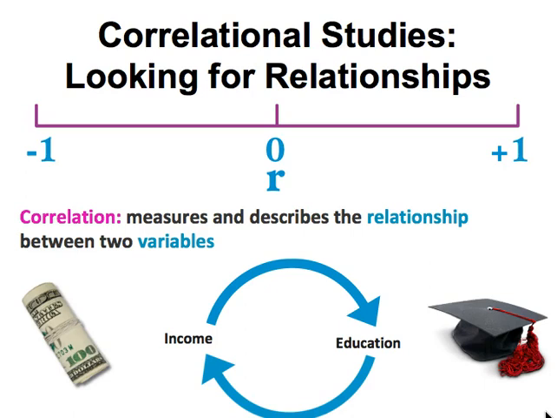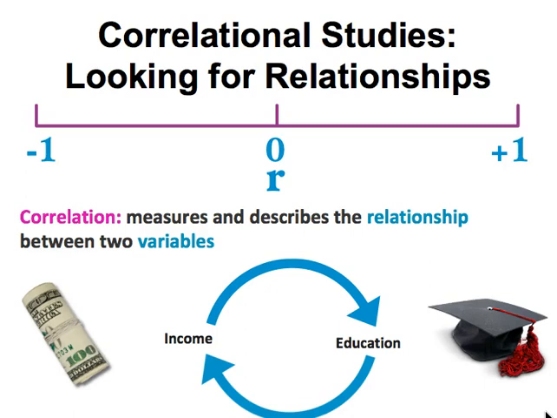The number portion of the correlation coefficient indicates the strength of the relationship. The closer the number is to 1, be it negative or positive, the more strongly related the variables are, and the more predictable changes in one variable will be as the other variable changes.